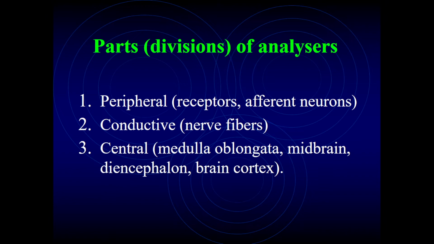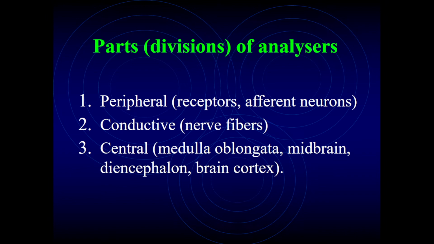Peripheral part includes receptors and afferent neurons. Conductive part includes nerve fibers, and central part includes different structures of central nervous system like medulla oblongata, midbrain, diencephalon, mainly thalamus, and brain cortex.